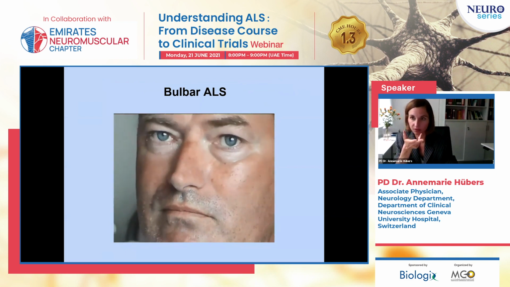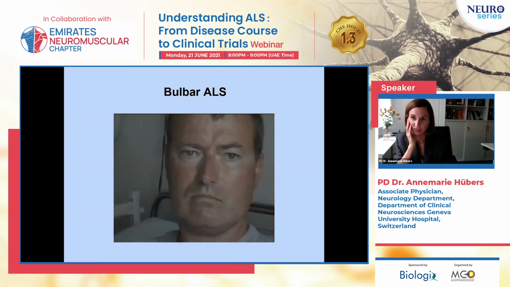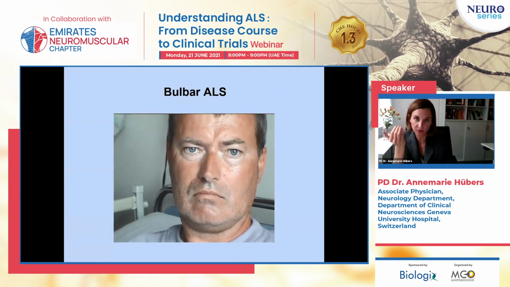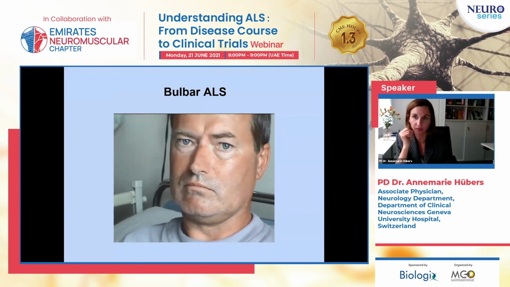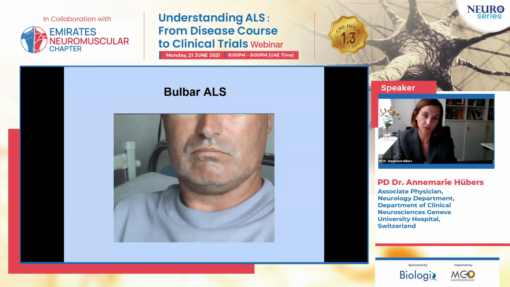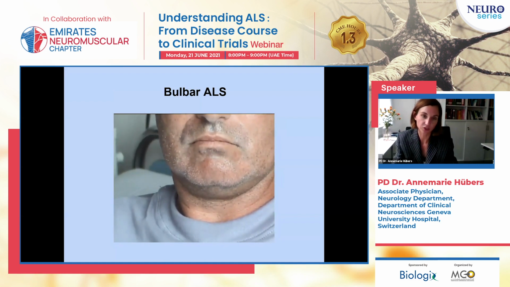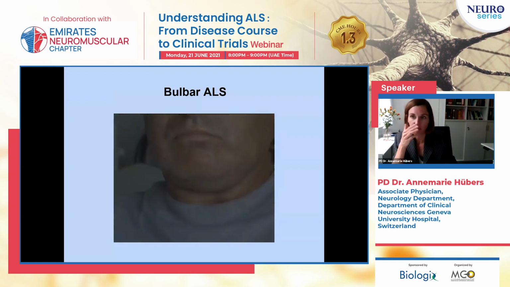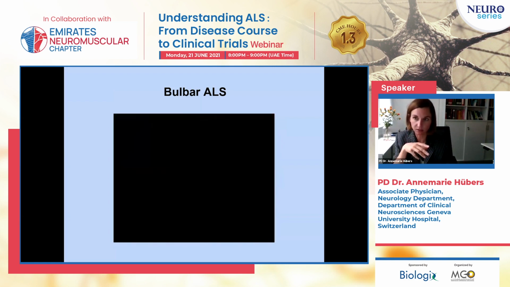And you also see an increased masseter reflex as a first motor neuron sign in the bulbar region. Here you see fasciculations on the region of the chin, even if the patient doesn't open the mouth. So second and first motor neuron signs all in the bulbar region.